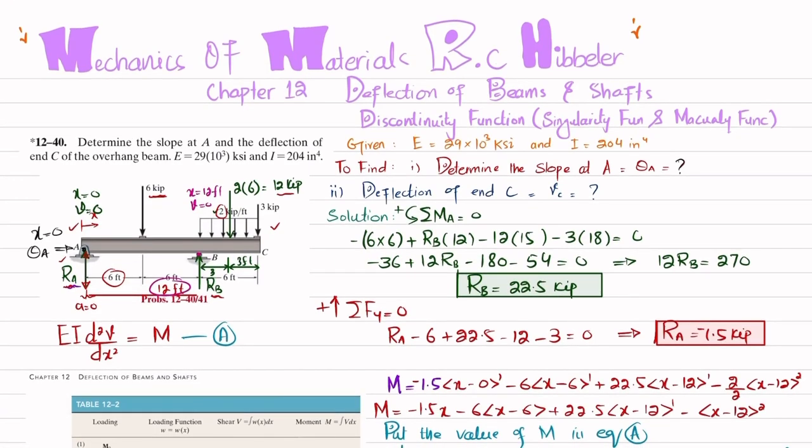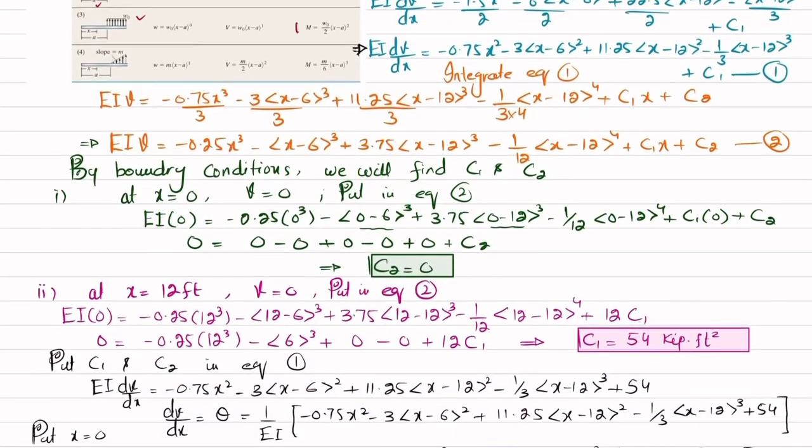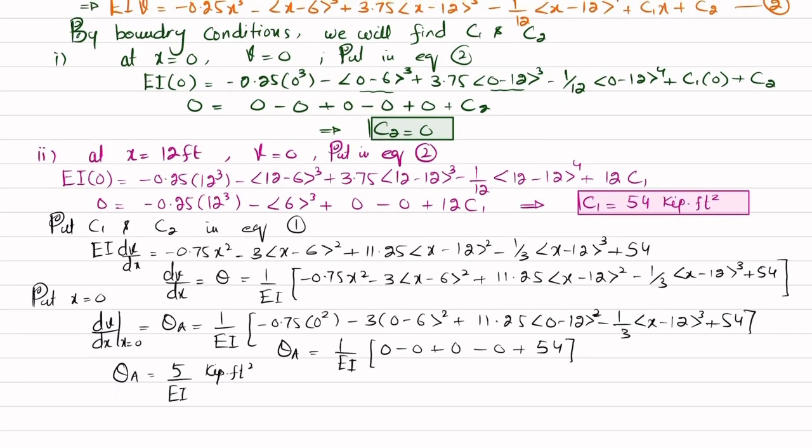E is 29 into 10 to the power 3 ksi, kilo pound per square inch, and I is also 204 inch power 4. So what we will do is that we will convert this. Theta A is equal to 54, and we will convert feet into inch.